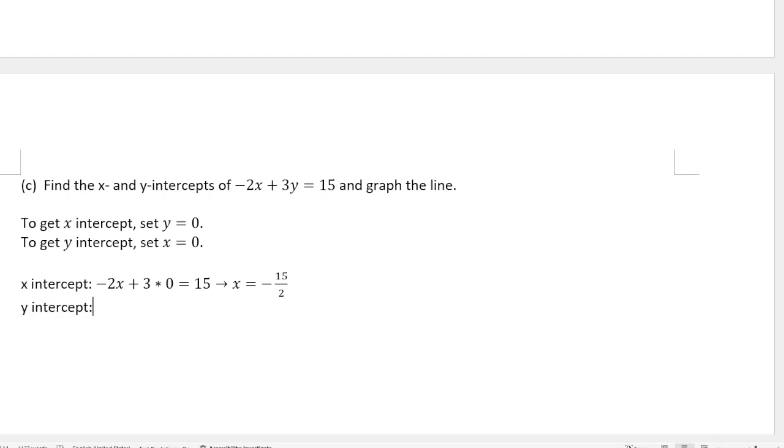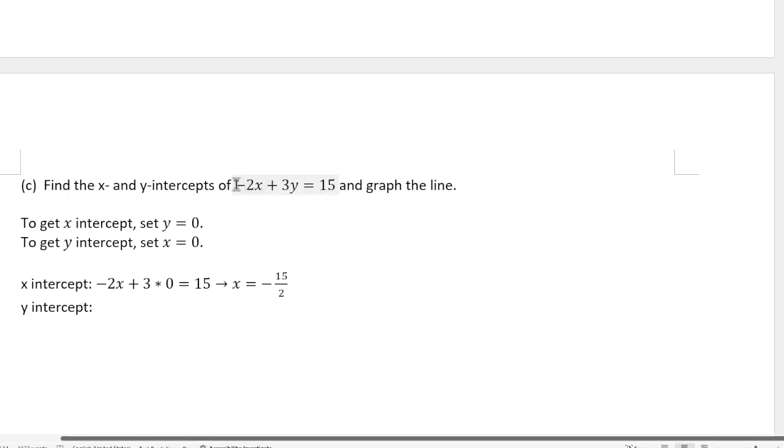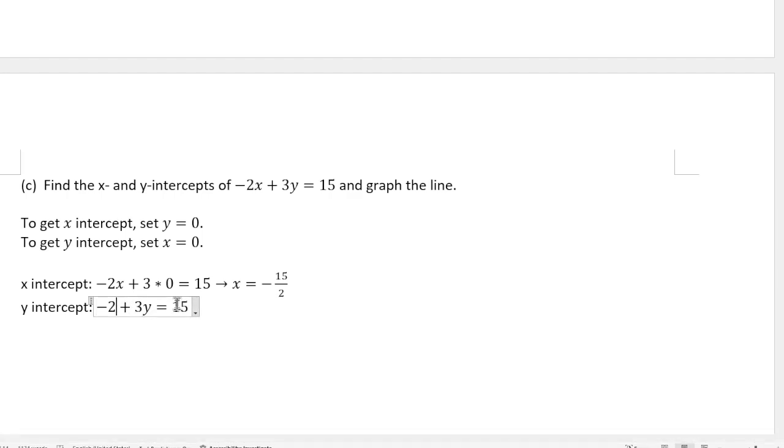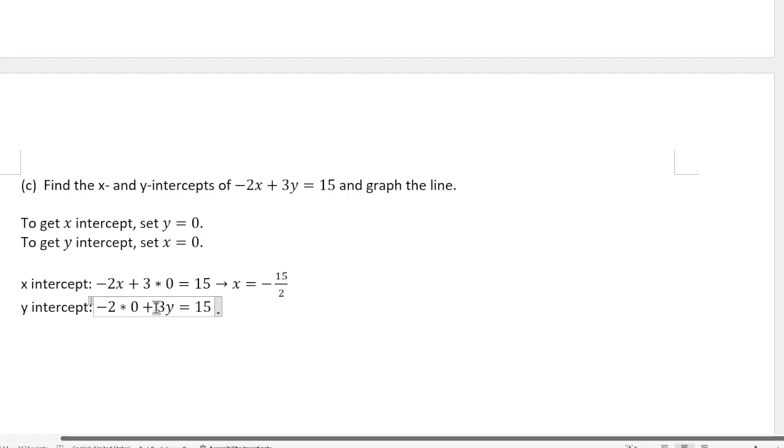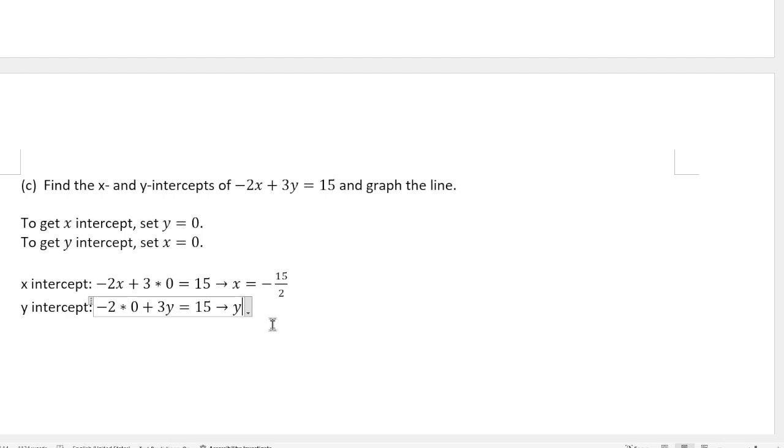Y-intercept, same idea. This time put x as 0, which means that you can solve for y by dividing by 3, so that y is equal to 15 divided by 3, which is 5.